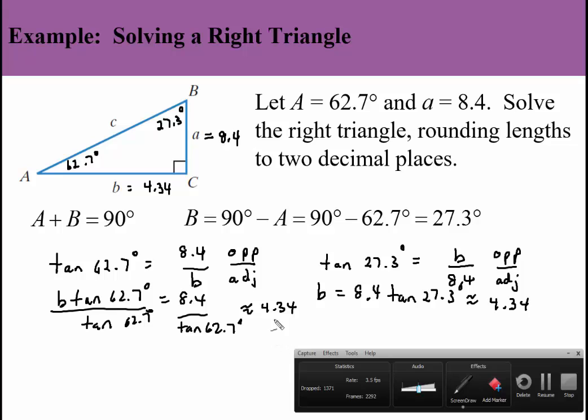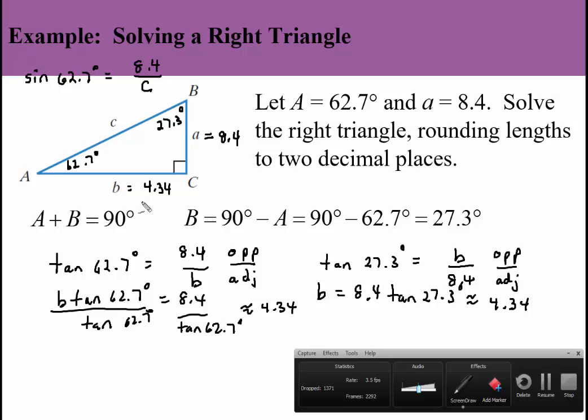All right, now there's a whole bunch of ways we could get side C based on this. I mean, we could use the Pythagorean theorem for right triangles, a squared plus b squared is c squared, or we could use Sohcahtoa with either of these two angles. I think I'm going to go ahead and say the sine, just to show off here, of 62.7 degrees is going to equal the opposite, 8.4, over the hypotenuse c to get c.